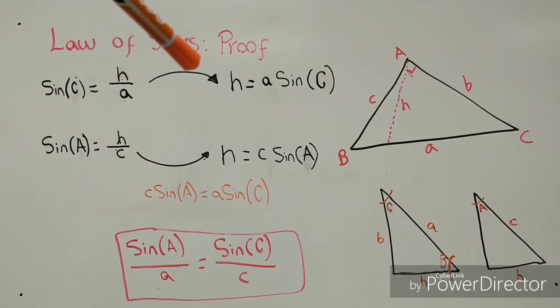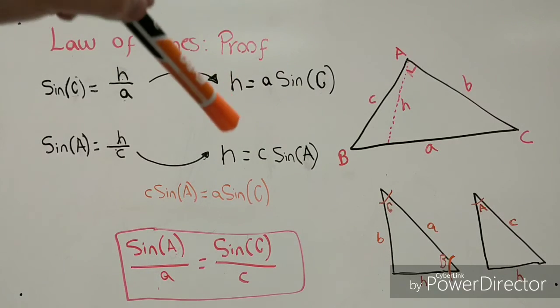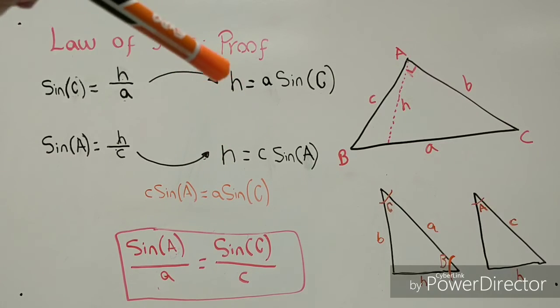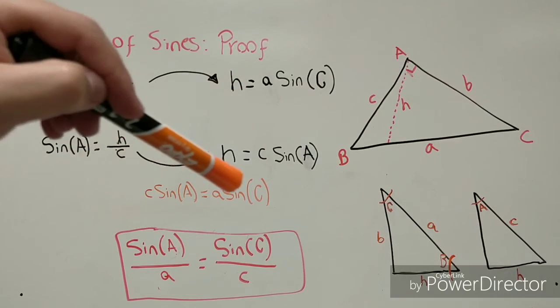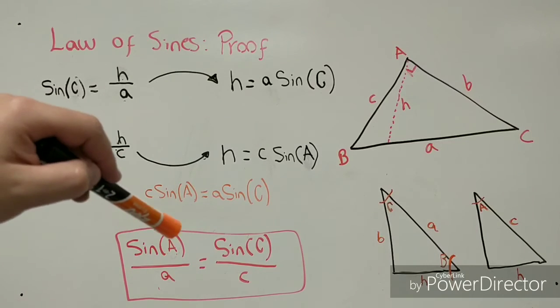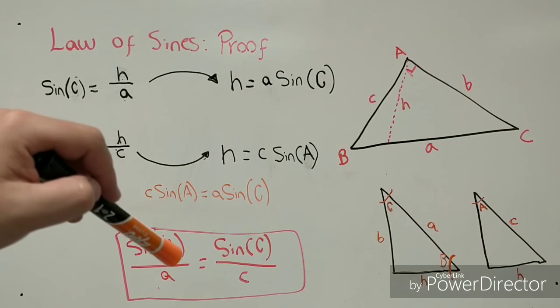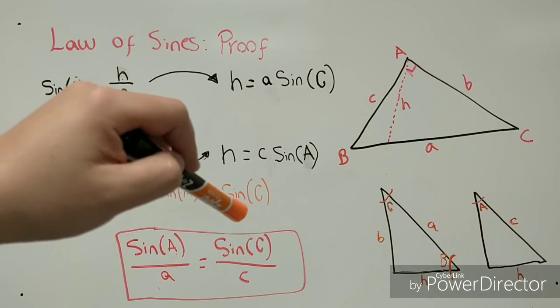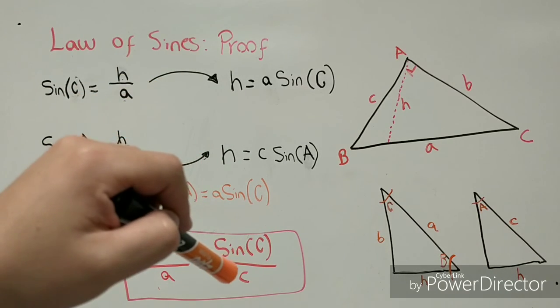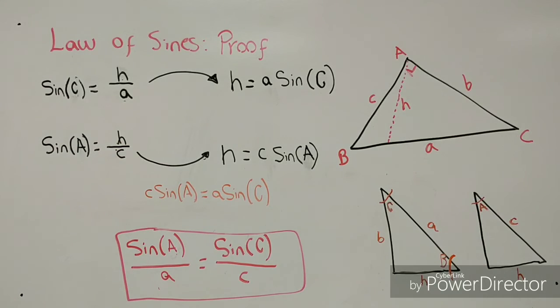So we move the pieces in order to leave this h alone, and then we can equal both results. In the end, we're going to get the sine of A divided into a, lowercase, is going to be equal to the sine of C, capital, divided into c, lowercase.